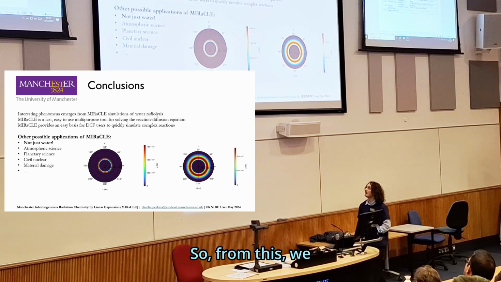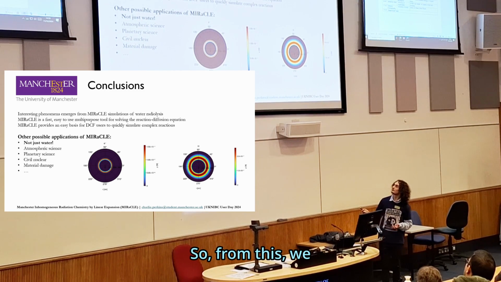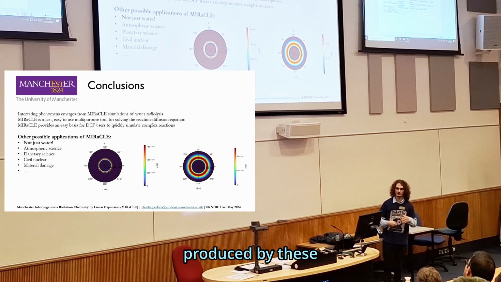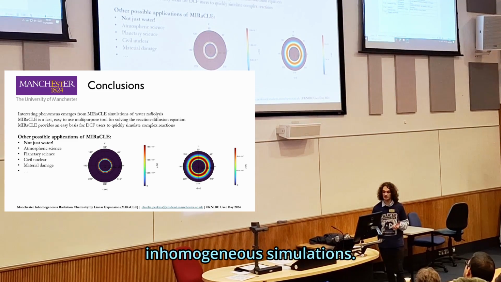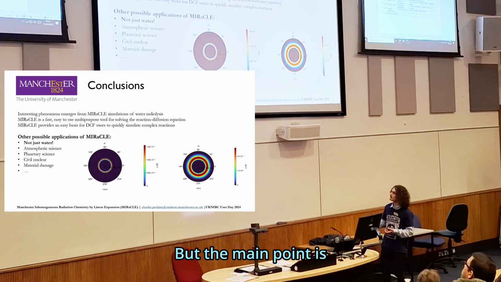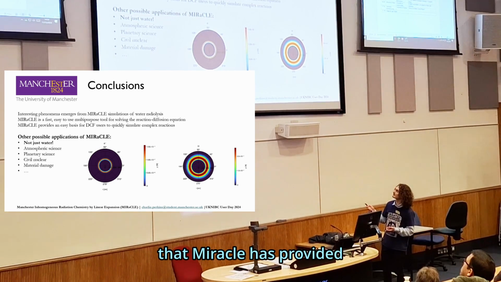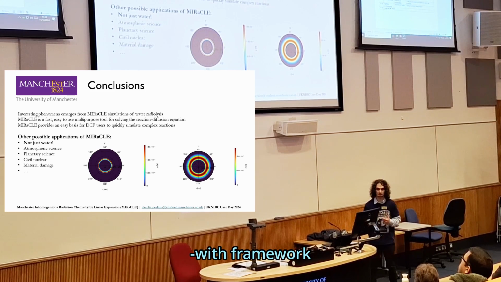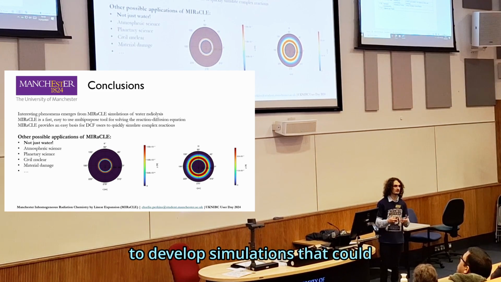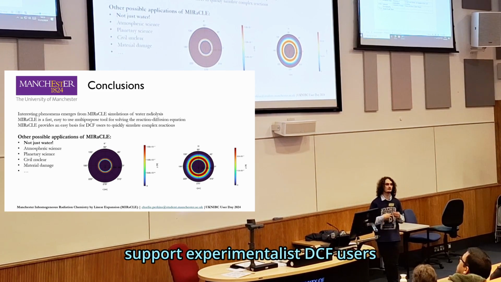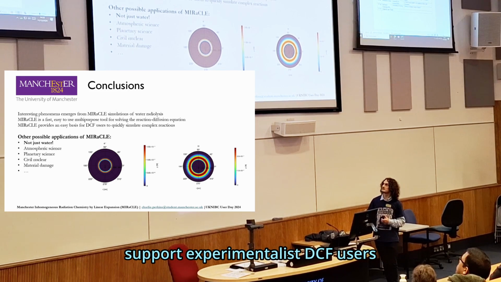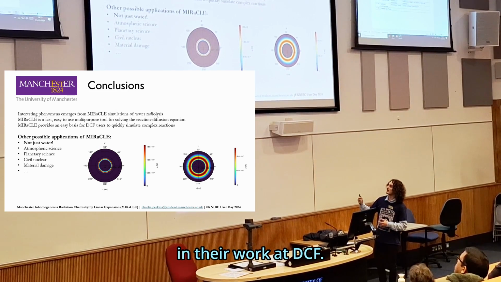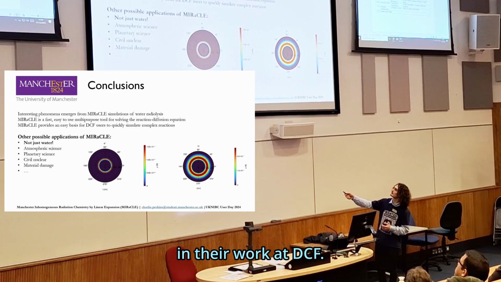So from this, we found some really interesting phenomena produced by these inhomogeneous simulations. But the main point is that MIRaCLE has provided me with this wonderful, easy to work with framework to develop simulations that could support experimentalist DCF users in their work at DCF.